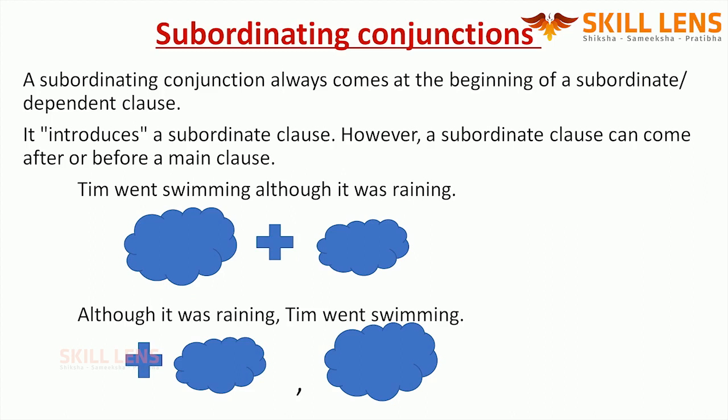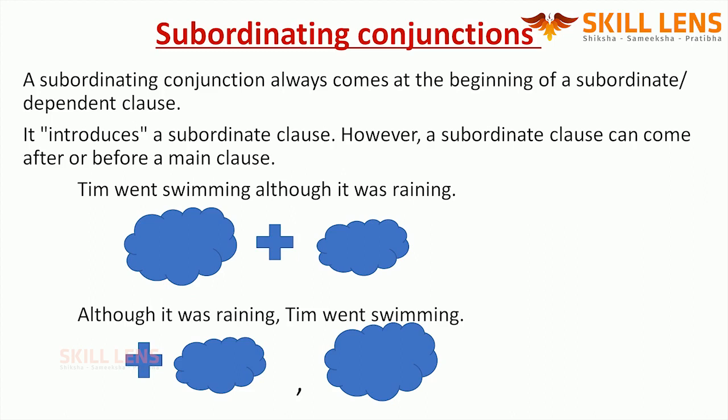You can use Tim went swimming as a sentence, and it will convey the complete meaning of what the author wants to tell us, right? But on the other hand, although it was raining does not convey to us the complete meaning, right? It is dependent on the main clause, Tim went swimming. In this sentence, although is the subordinating conjunction. It is introducing the subordinate clause, it was raining.